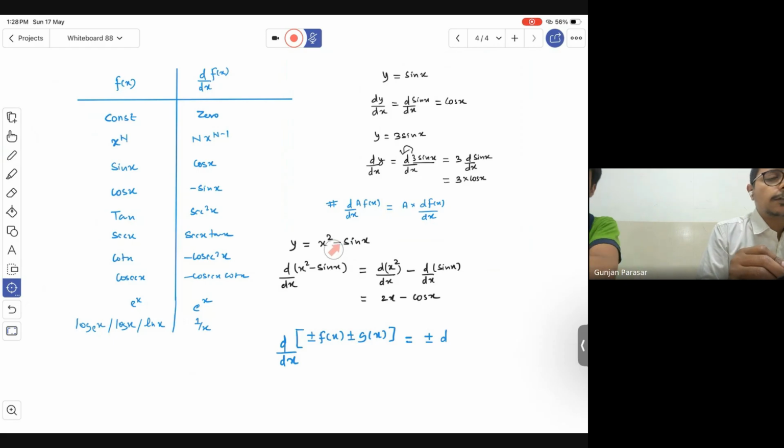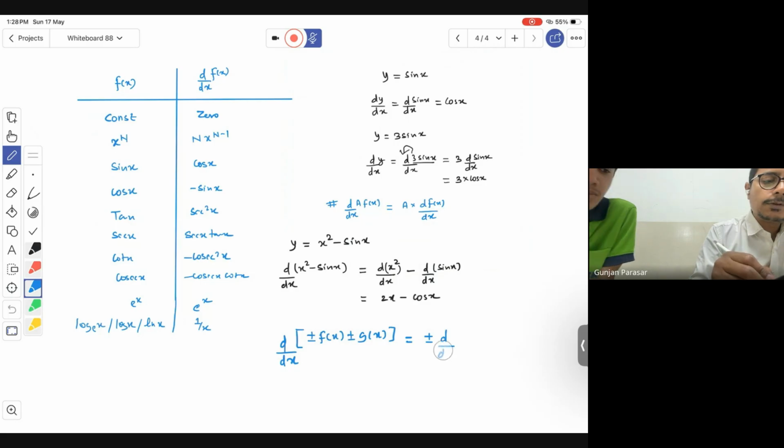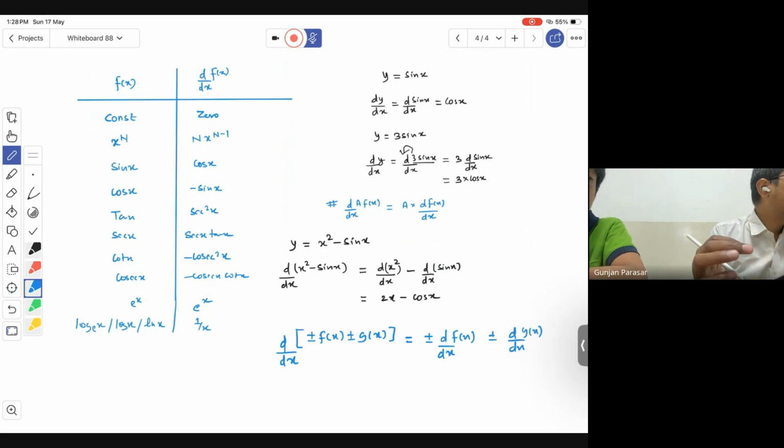Like sin x contains a minus 1 in front of it, so there is a minus between these terms as well. So it will be plus or minus dy by dx of f of x, plus or minus dy by dx of g of x. So this is something basic. This much you should not forget. Somehow you have to remember them.